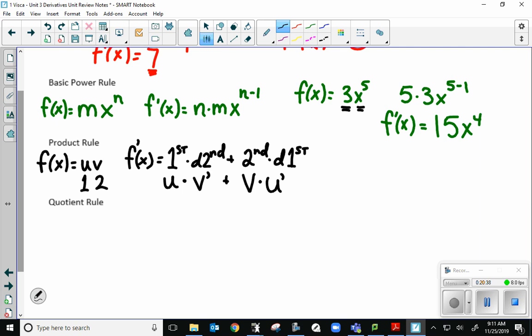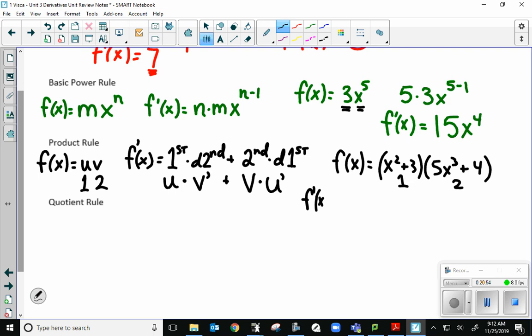All right, let me give you an example. F of x equals x squared plus 3 times 5x cubed plus 4. This will be my first one. This will be my second one. The derivative of my function is the first, x squared plus 3, times the derivative of the second.